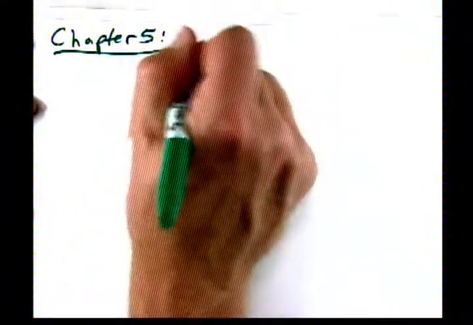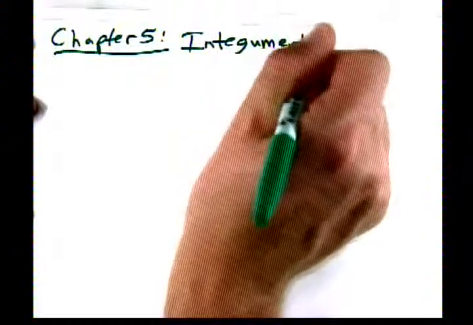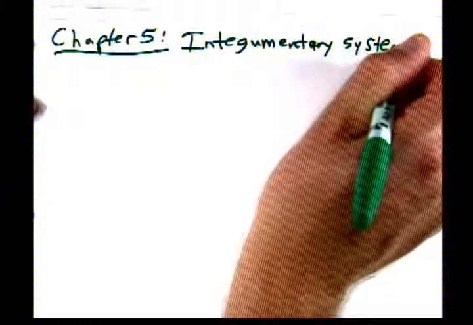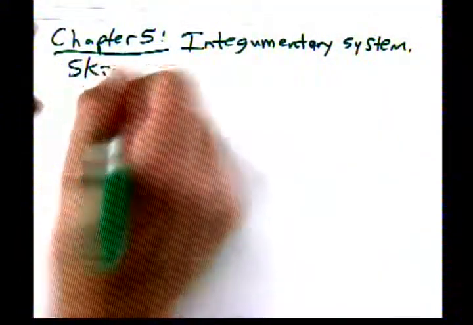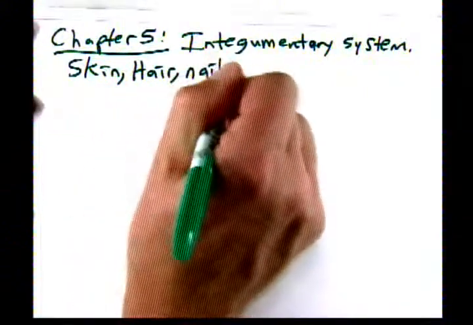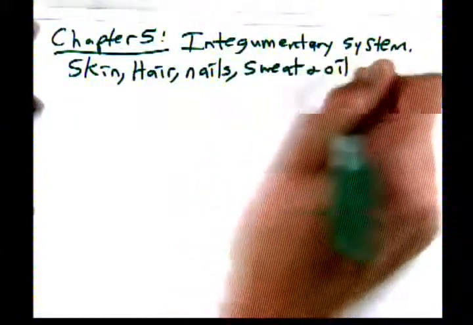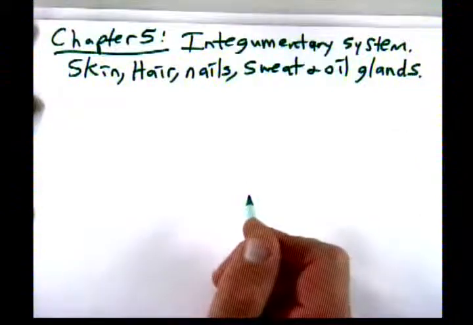And we're looking at the integumentary system. And this is primarily made up of the skin, the hair on your body, your fingernails, toenails, sweat and oil glands. All of this makes up this system, all right?